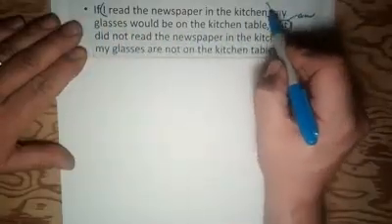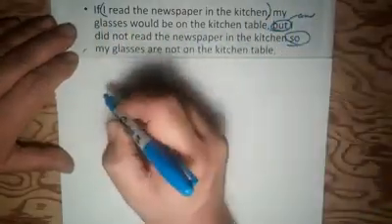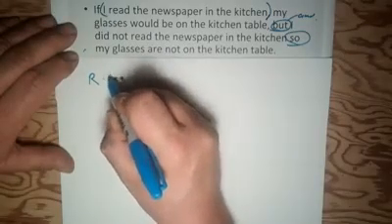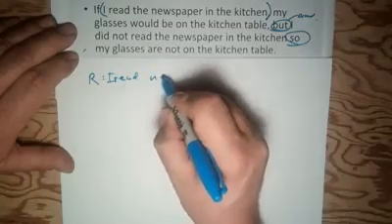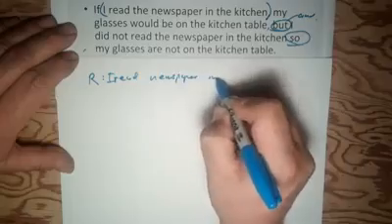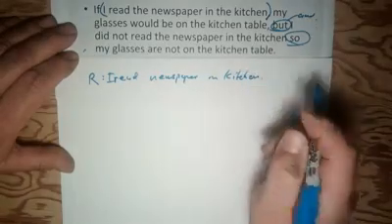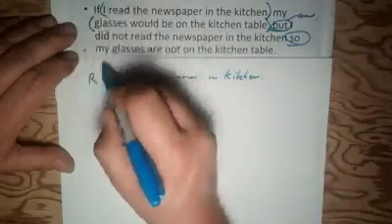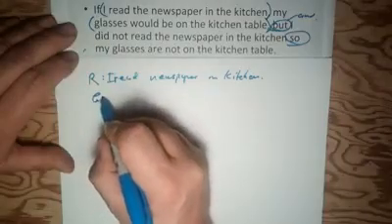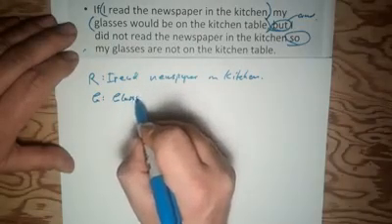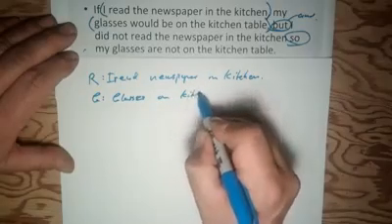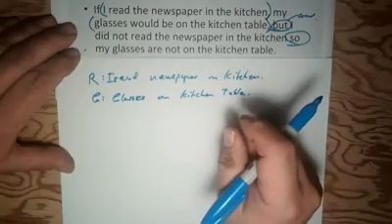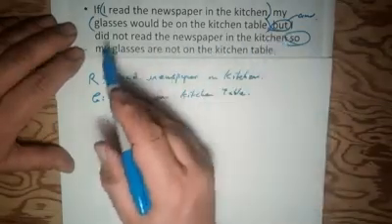If I read the newspaper in the kitchen, so let's call that R. I read the newspaper in the kitchen. My glasses would be on the kitchen table. But I did not read the newspaper in the kitchen.